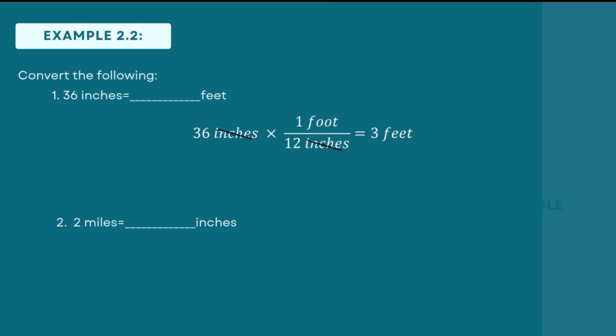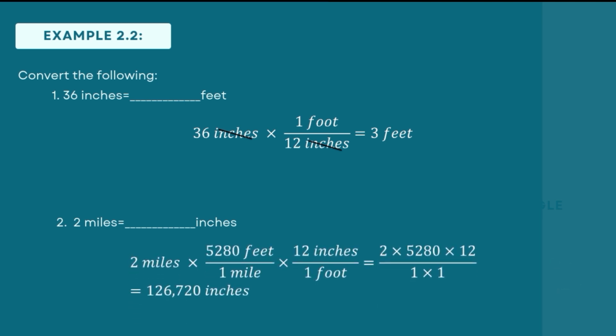And then for the next example, 2 miles, we are going to convert it into inches. For our solution, again, since this is miles and we are going to convert it to inches, first we are going to cancel the mile. As you can remember, the dimension of the mile is 1 mile is equal to 5,280 feet.